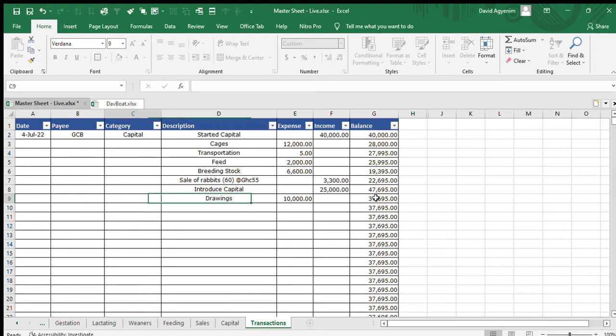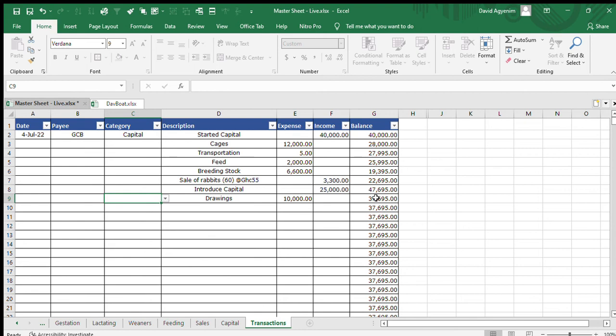So this is where you input your daily transactions, anything concerning money incurred or earned because of your farm, you put it here. When you buy drugs, you put them here. When you pay someone, you put it here, right? Every monetary transaction that you make, you put it here.